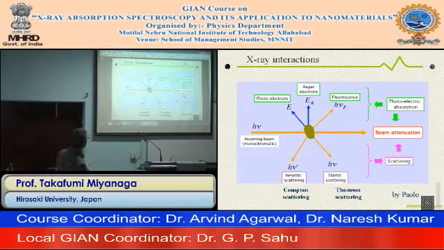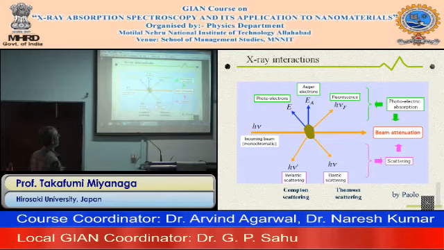The green one is concerned with the absorption process, the photoelectric absorption process, and the red one is the scattering process. For the photoelectric absorption process, emitting the photoelectron is the primary phenomenon.